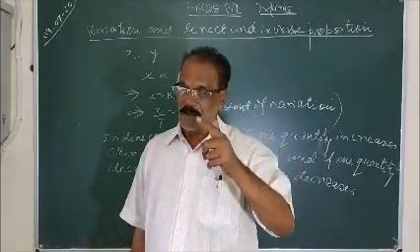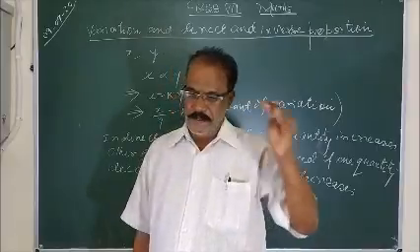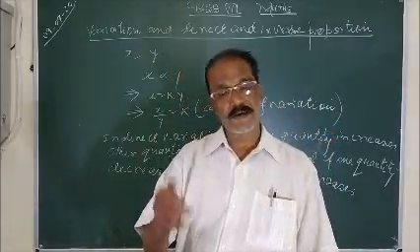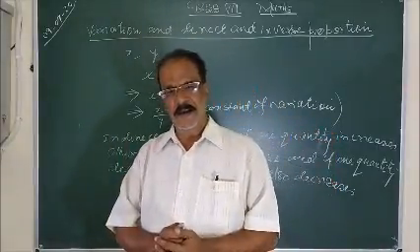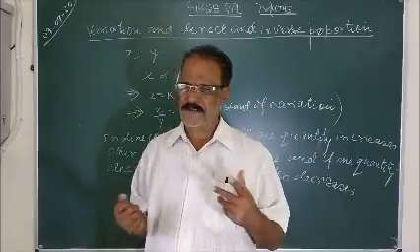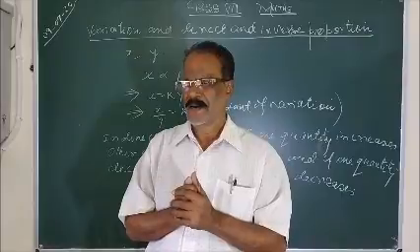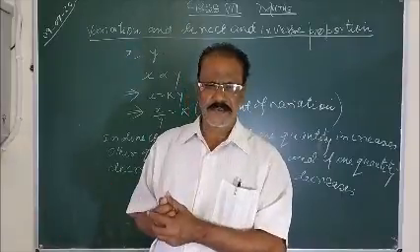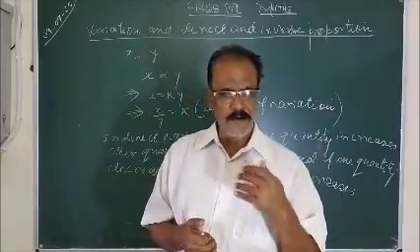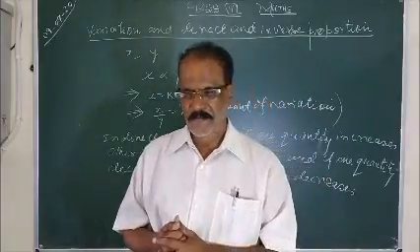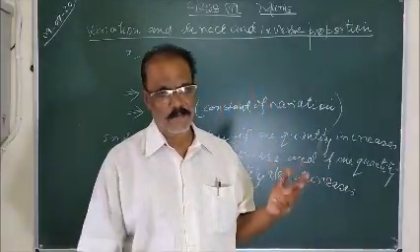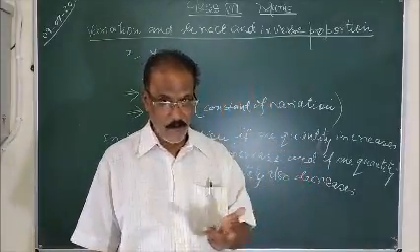In the first example, if distance is increasing, time is increasing. If distance is decreased, time taken also decreases. In the case of books, if you increase the number of books, naturally the price will be more, the cost will be more.